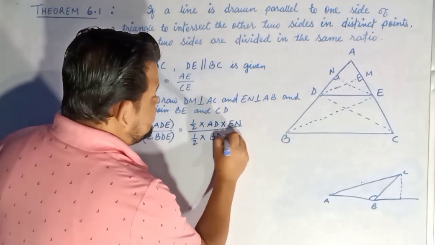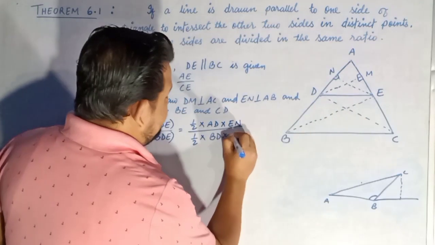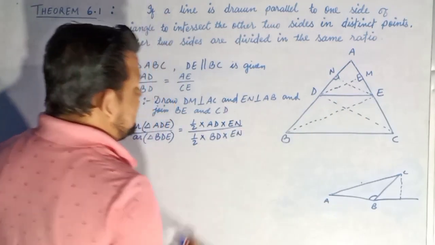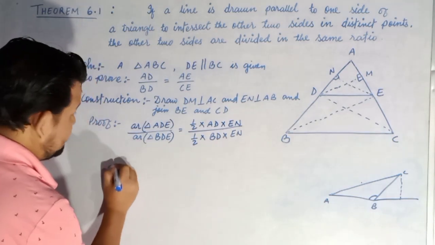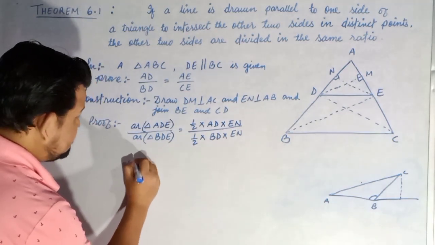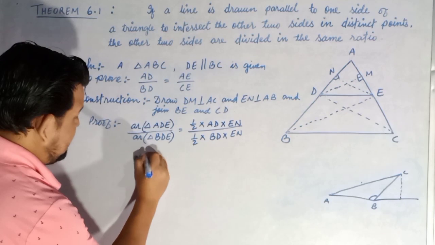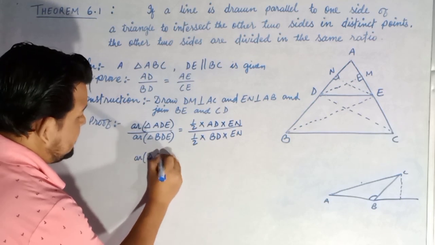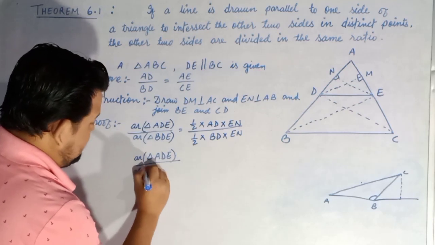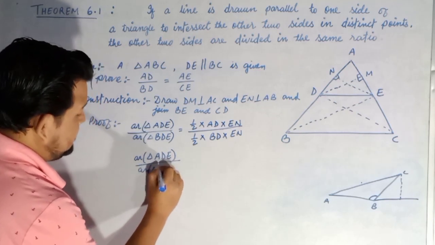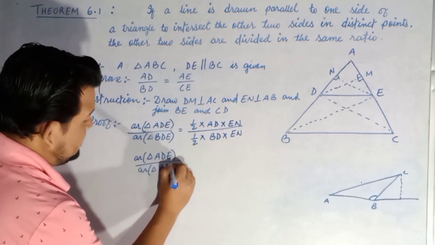BD into height. So what is the height? EN is the height here. So similarly, what we are going to have here now is area of triangle ADE by area of triangle BDE.